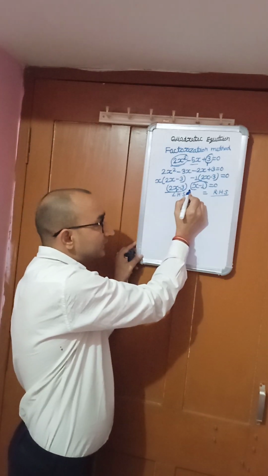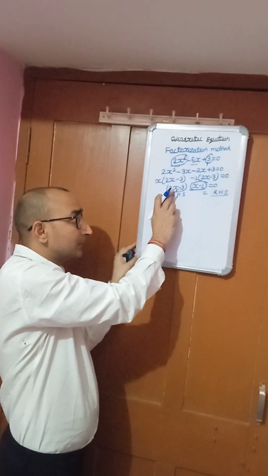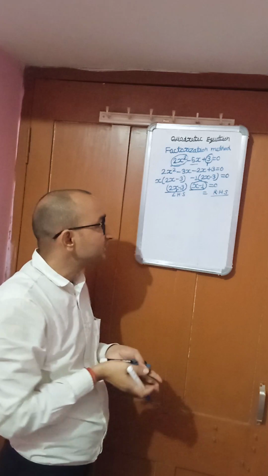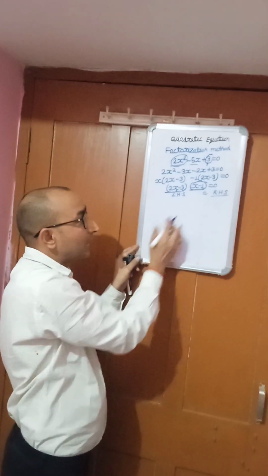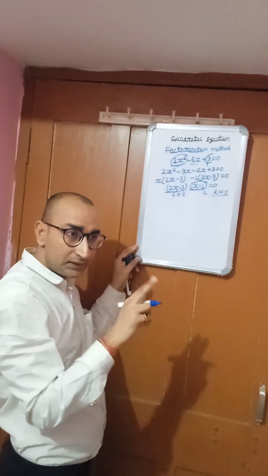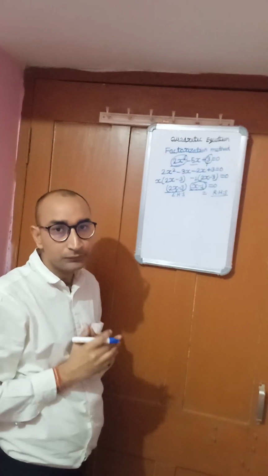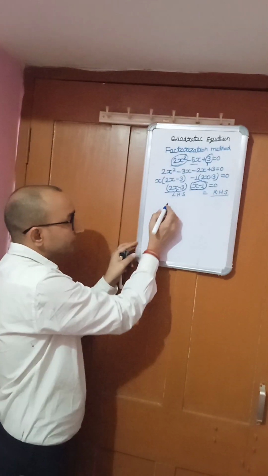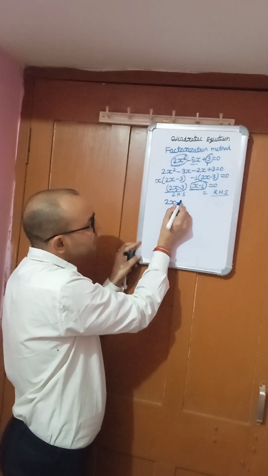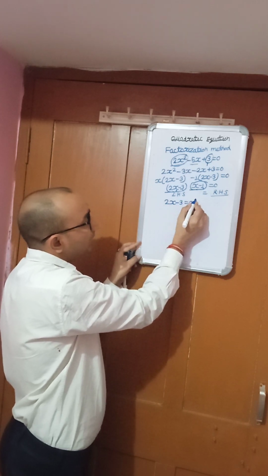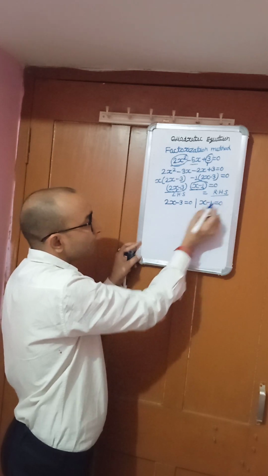If x minus 1 is 0 and multiplied with this bracket, then also LHS is 0. If both brackets are 0, then 0 into 0 is 0, and LHS is again 0. So I can write 2x minus 3 equals to 0 and x minus 1 equals to 0.